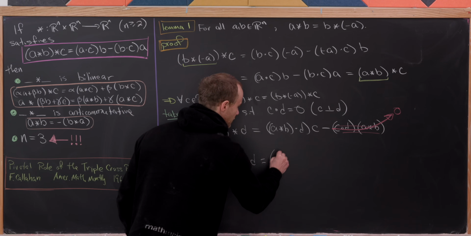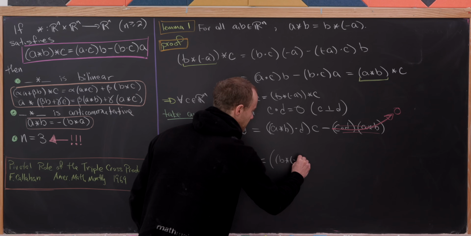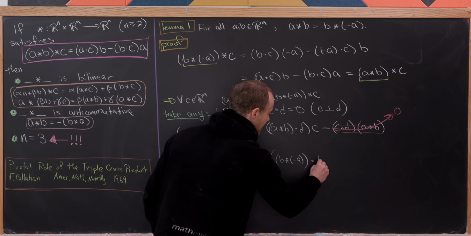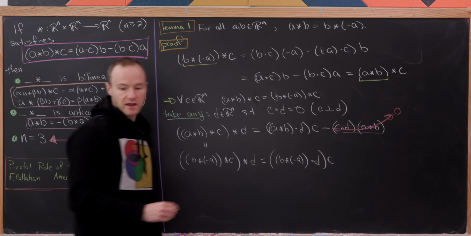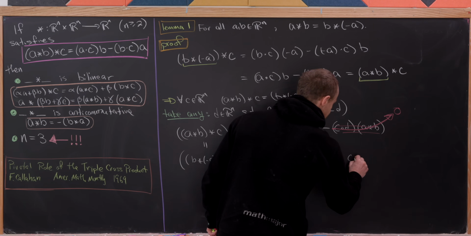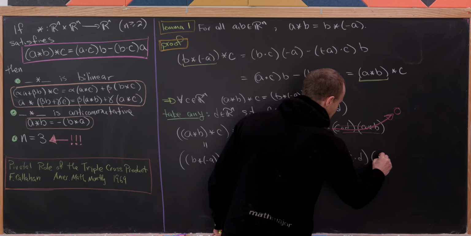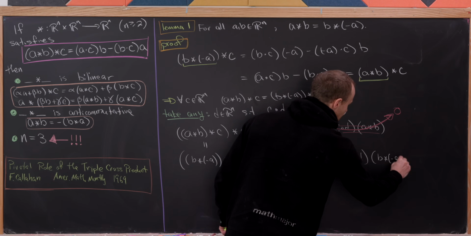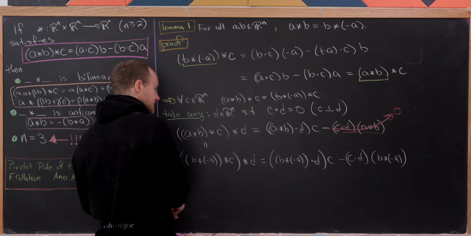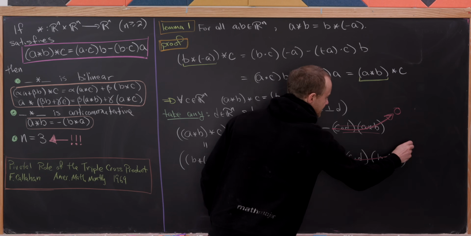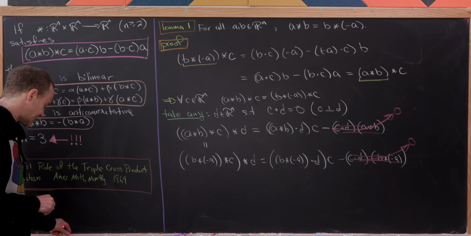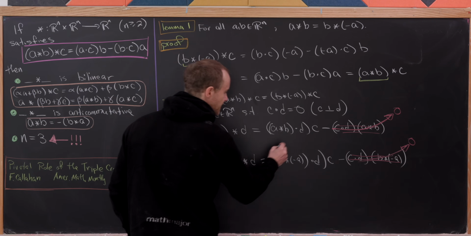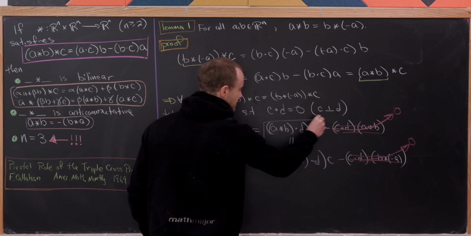Applying the rule again, we'll get B star minus A dotted into D in the C direction, and then minus C dot D again in the B star minus A direction. But again, C dot D is equal to 0, so this is 0. We don't need that right there. But that sets up an equality of these two vectors.